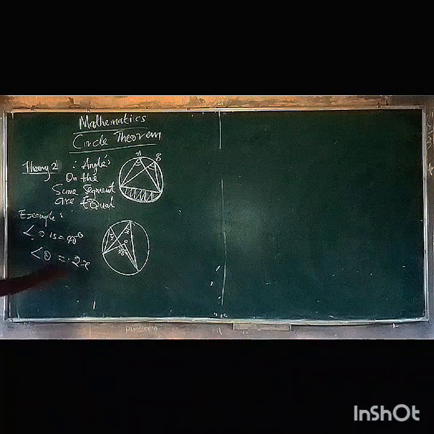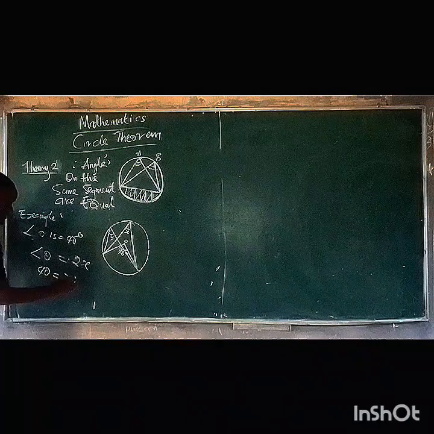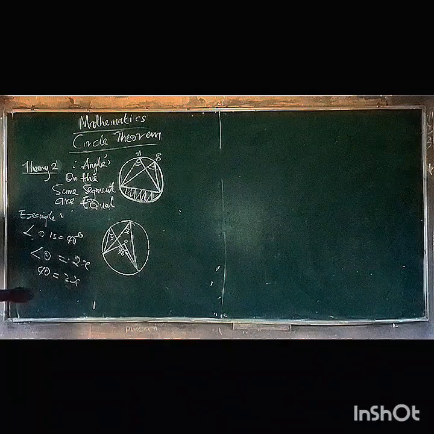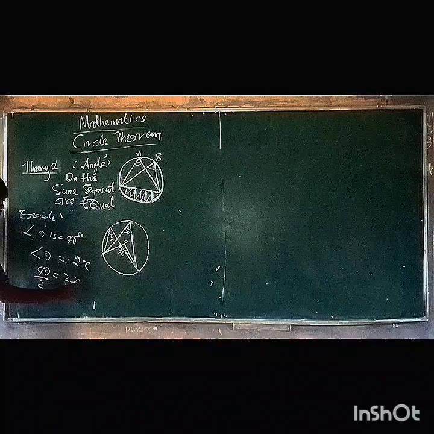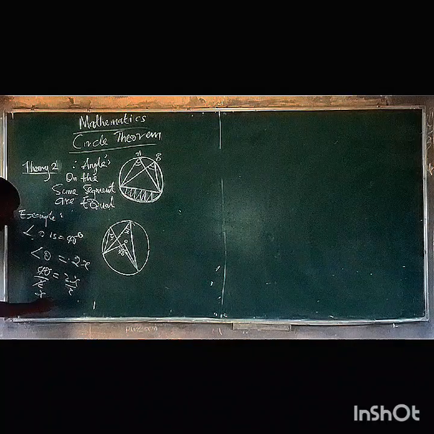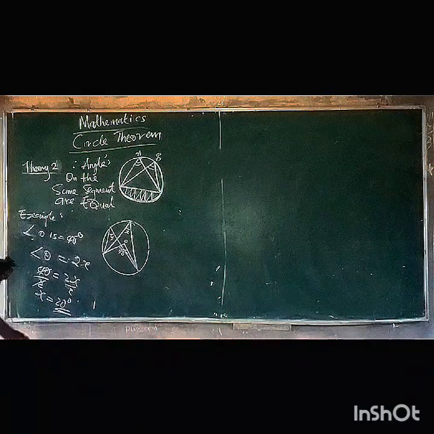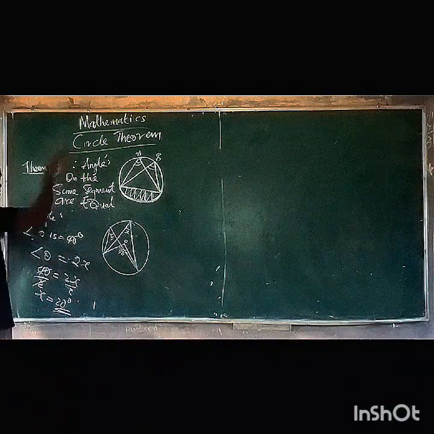So if angle O is 40 and is equal to 2x, what's the value of x? Divide both sides by 2, and finally angle x is equal to 20 degrees.